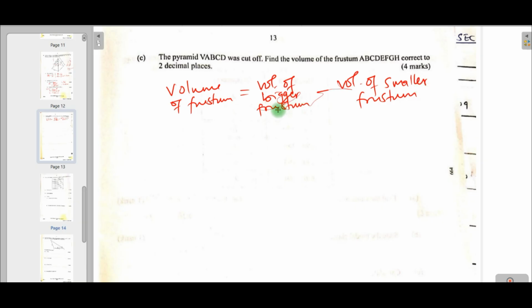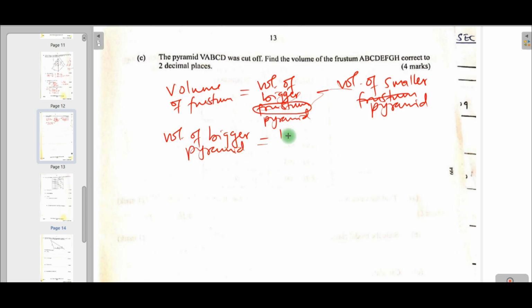We need to find the volume of the pyramid. The volume of the bigger pyramid is given by the formula a third times base area times the perpendicular height.